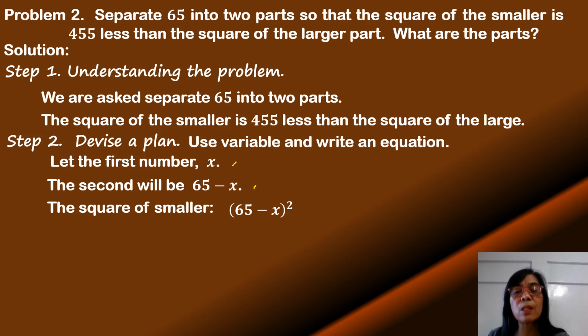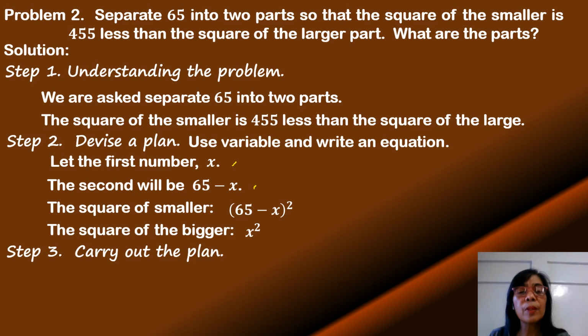If we take 65 minus x as the smaller number, then its square is written as the quantity 65 minus x raised to 2. And then the square of the bigger number, x, is x squared. The third step is to carry out the plan. To carry out the plan is to construct or write an equation based from the given condition.